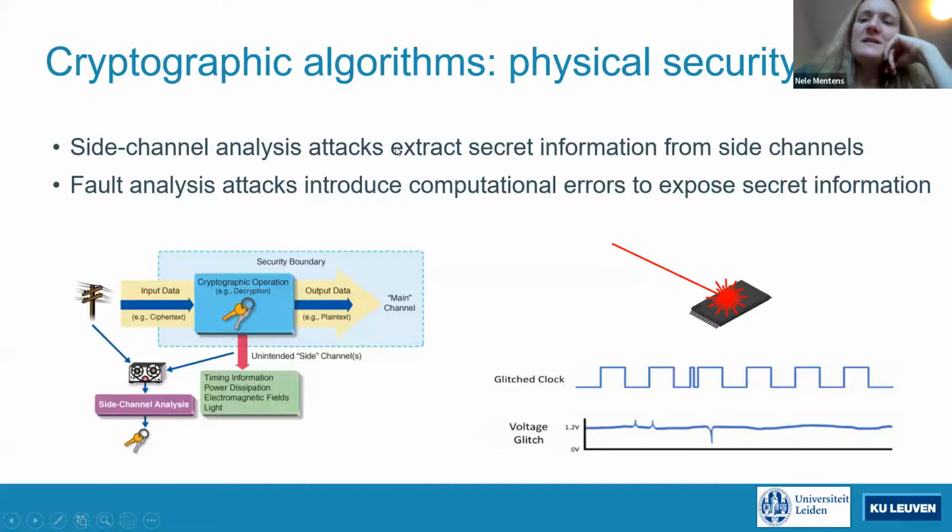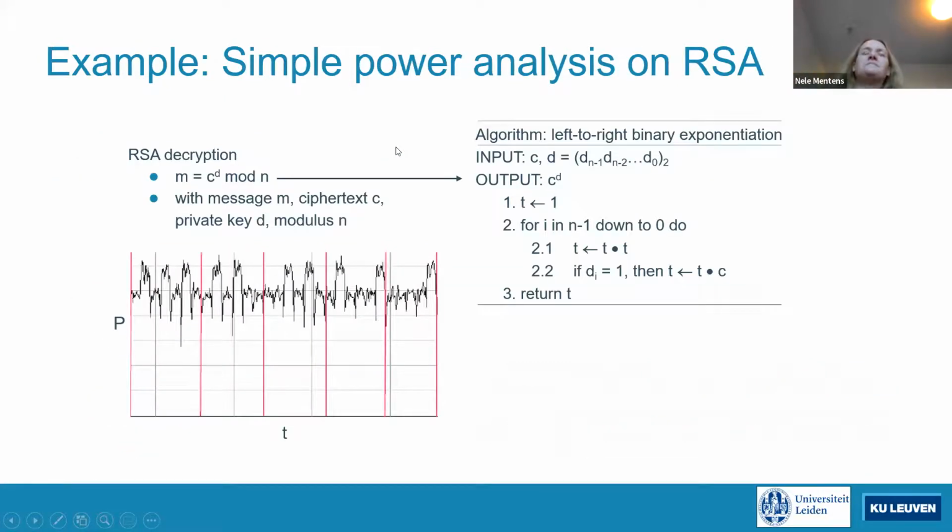So now going back to these side channel attacks, an example of how to see this is a simple power analysis on RSA. When we look at the RSA decryption algorithm, the main operation there is a modular exponentiation.